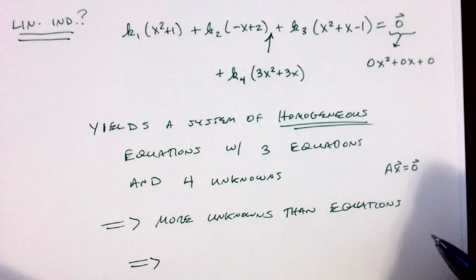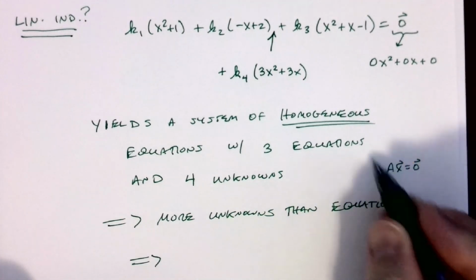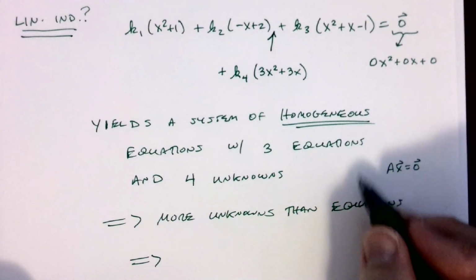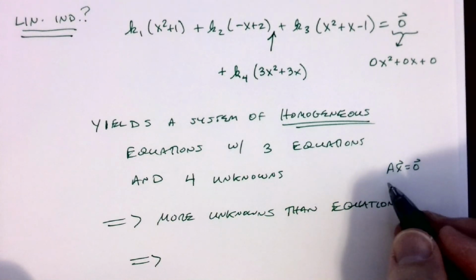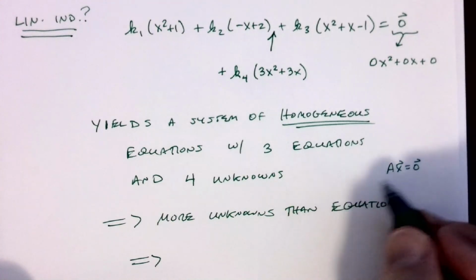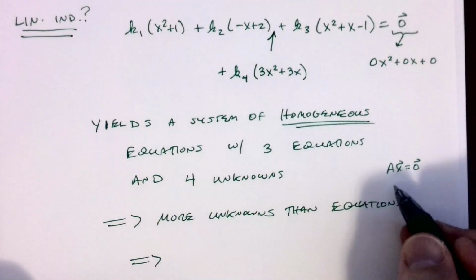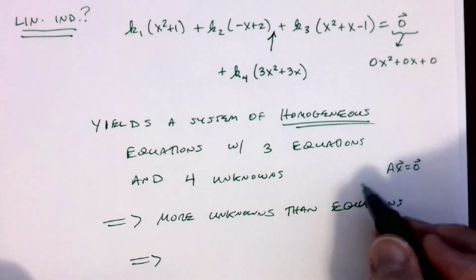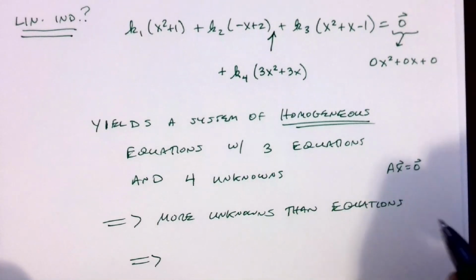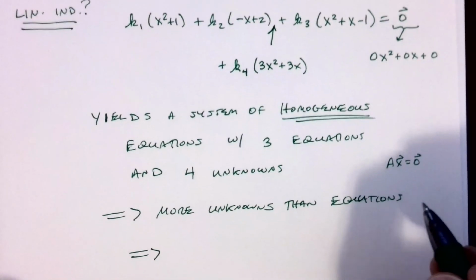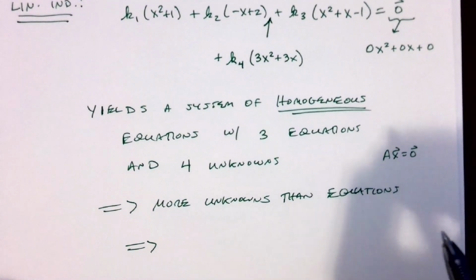What's the most number of leading ones you can have with 3 rows and 4 columns? You say, I can have 4 leading ones because I got 1 in each column. Well, no, you can't because you only have 3 rows. The most you can have is 3. You can have 1 leading one in each row. That means there's 1 column without a leading one, meaning that one variable will be a free variable, which becomes a parameter.